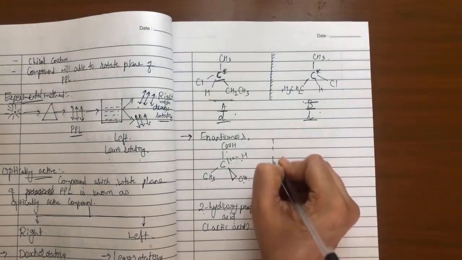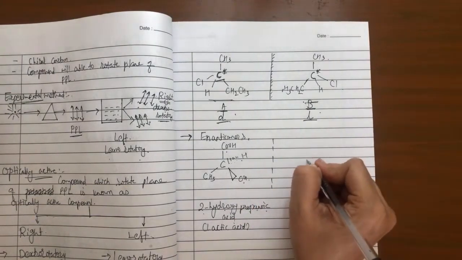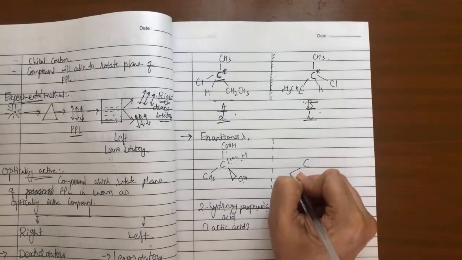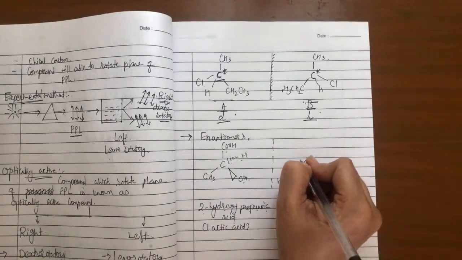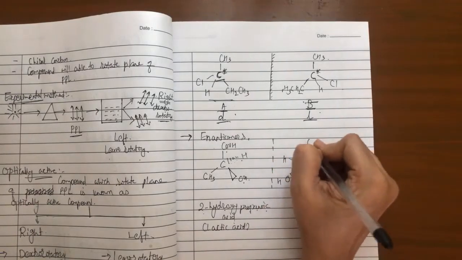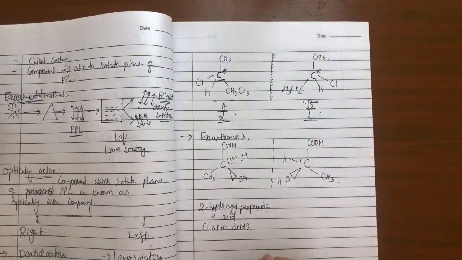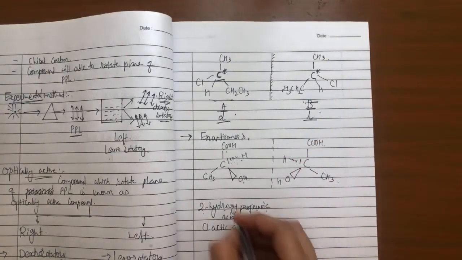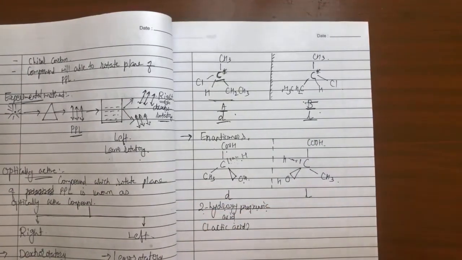Now if I keep a mirror in between, then the mirror image which I'll get has the hydroxy group on this side, then hydrogen over here, COOH remains as it is, and CH3. Again, if this is dextrorotatory, this is levorotatory, or vice versa.